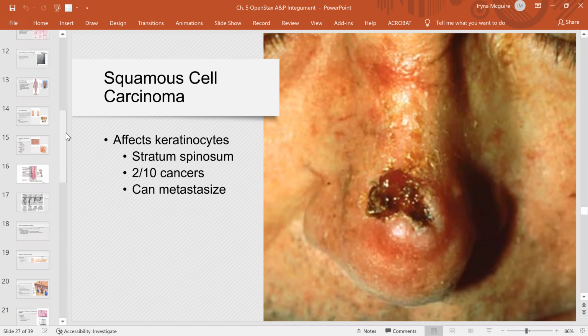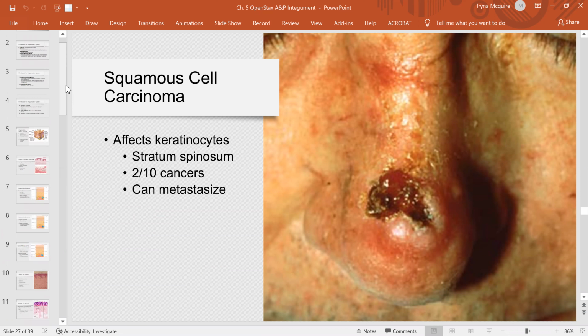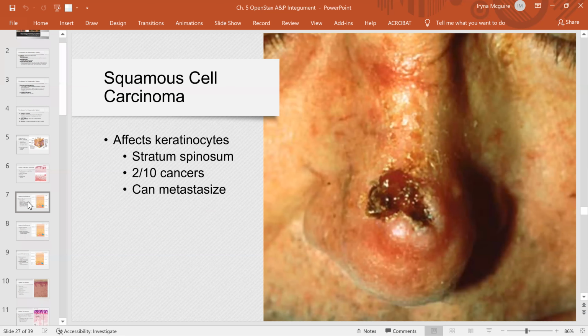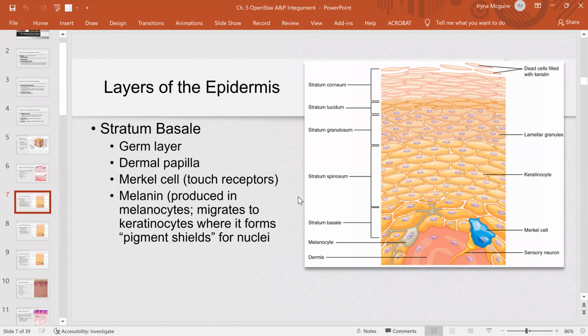So we need to go back to the structure of the epidermis. The epidermis is made of different strata, and the deepest stratum is stratum basale. So if cancer originates in this stratum, we call it basal cell carcinoma.